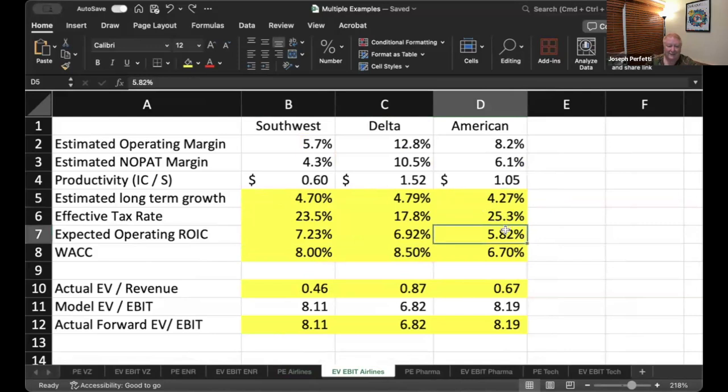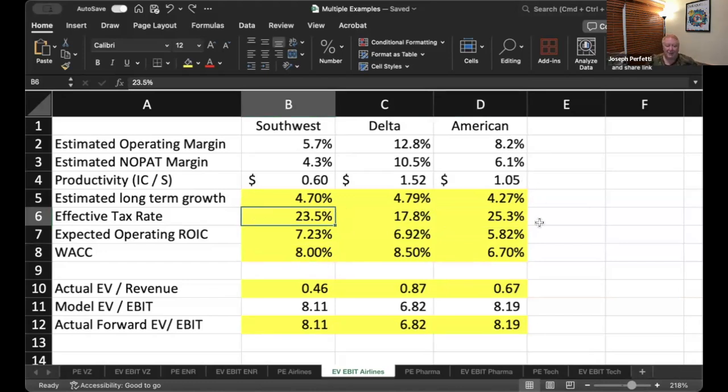They also have a negative spread, 5.8 against 6.7, but slightly less growth of this negative spread is helping American. And the other thing is American has the lowest WACC of the 3, because American has a lot of debt in their capital structure. And the other thing that's working against American is the highest tax rate, 25.3% versus 23.5% at Southwest.